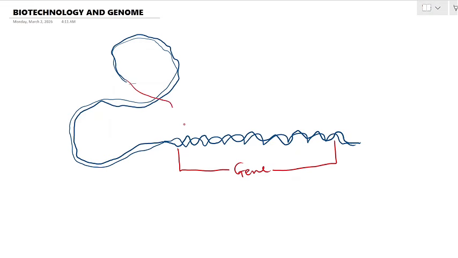forming a butterfly, and this actually represents the chromosome. Okay, so we said that the genes which control an organism's characteristics are located in specific segments of these chromosomes.